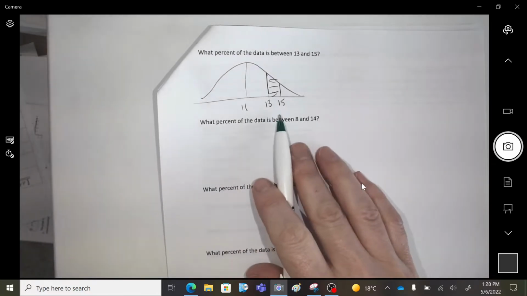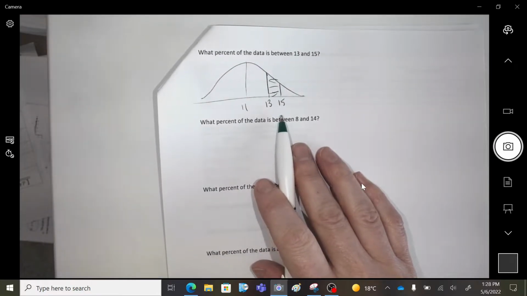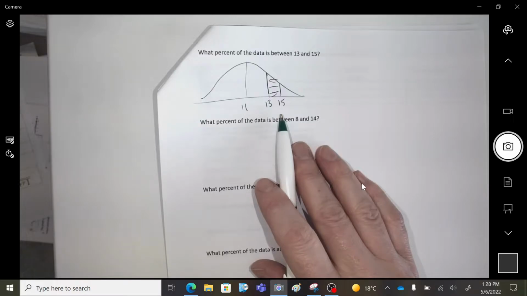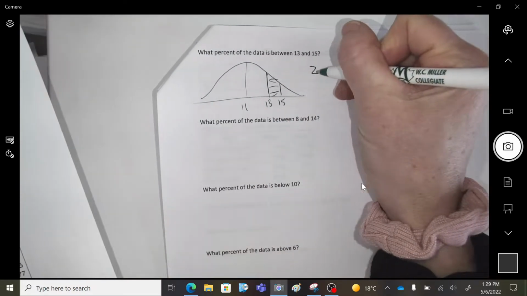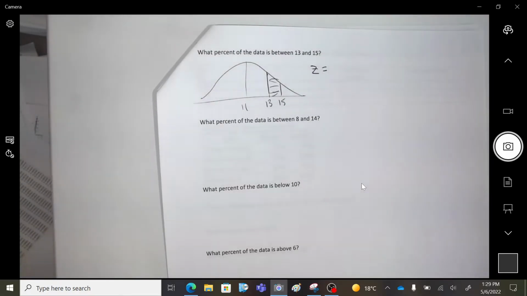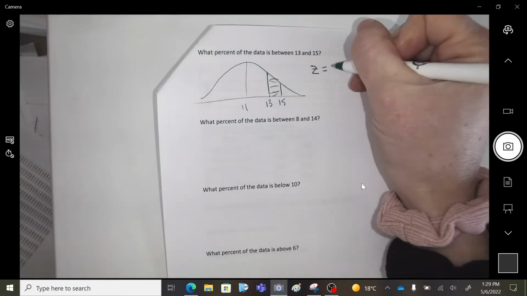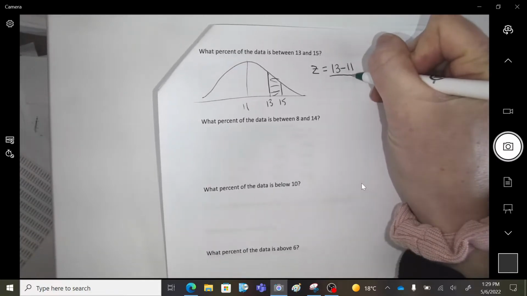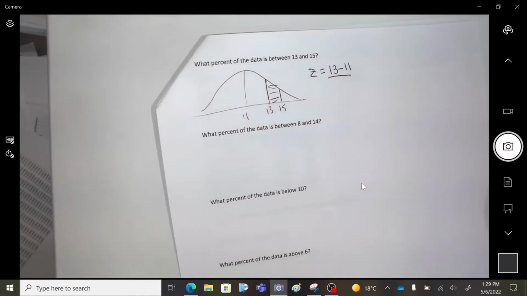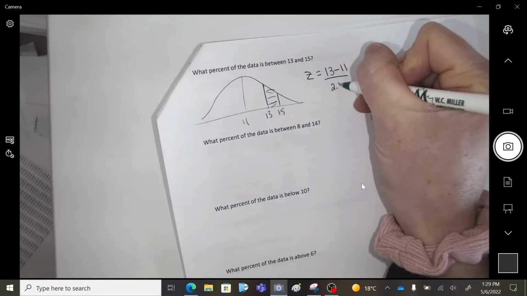Okay, this is all in scores, real life scores. I've got to make these scores into Z scores. So Z equals 13 minus 11 over, I already flipped my page, was it 2.83?